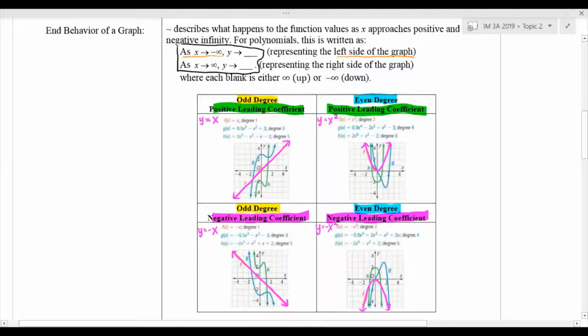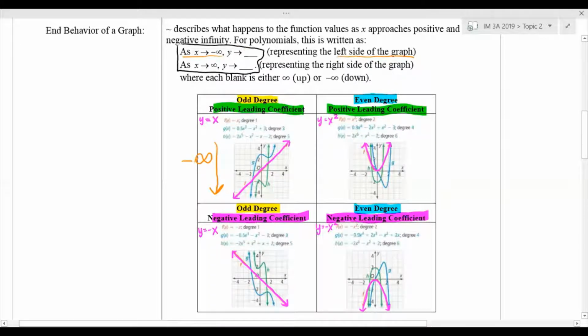So let's look at an odd degree with a positive leading coefficient. Notice each of these graphs on the left, the arrows are pointing down, which means that the blank is going to be negative infinity. Okay, so as x approaches negative infinity, y is also going to approach negative infinity.